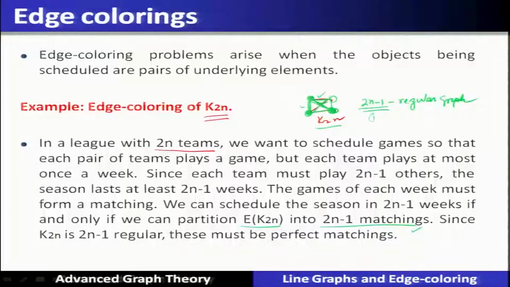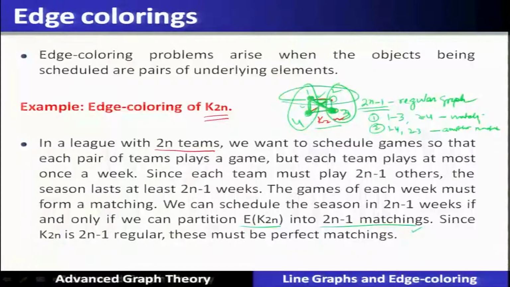That means this is one set of matching when 1, 2, 3, 4: 1 and 3 is one matching and 2 and 4 is one matching. The second matching we can obtain as 1, 4 and 2, 3 is another matching. Similarly, we can have another matching like 1, 2 and 3, 4.